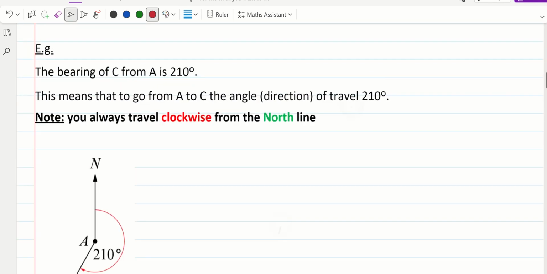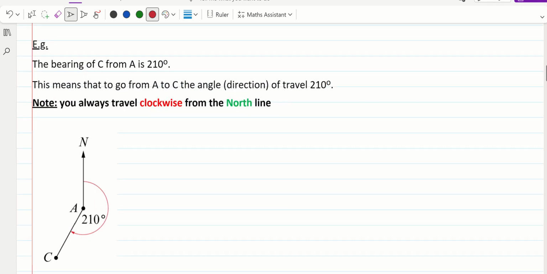The bearing of C from A is 210 degrees. Again, this means that I start from A. That's my starting point, from A. I have to draw the north line. It's already drawn for you. And I have to move 210 degrees clockwise.